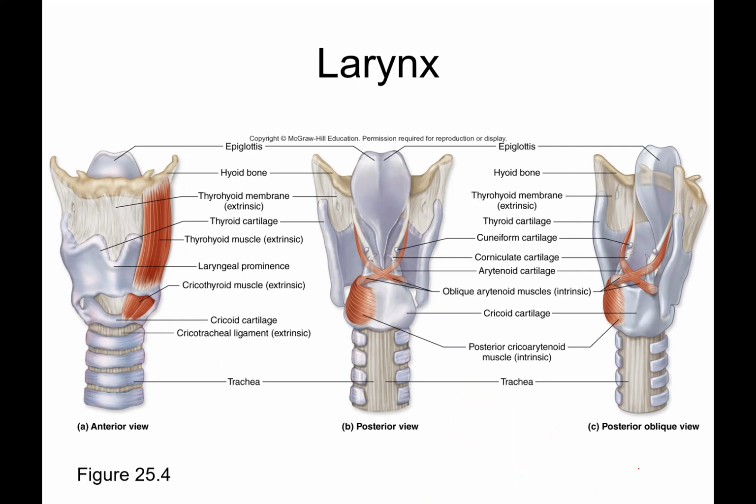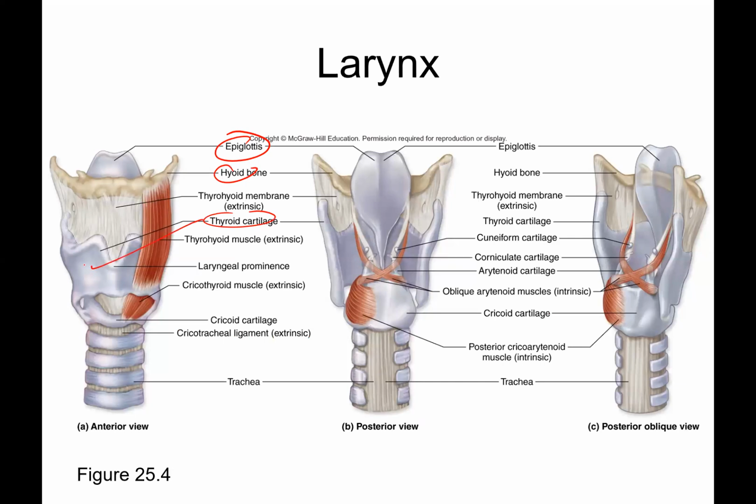Okay, from this particular view of the larynx, you can see the epiglottis. It's the area that covers the windpipe. Okay, hyoid bone. Probably remember that from ANP1. Okay, here's the thyroid cartilage.